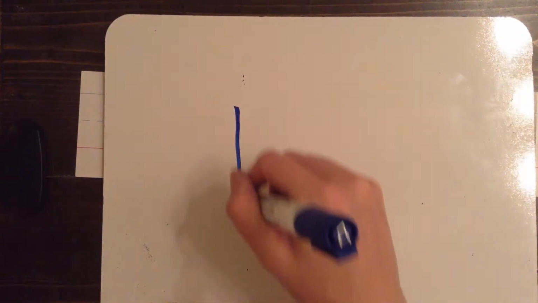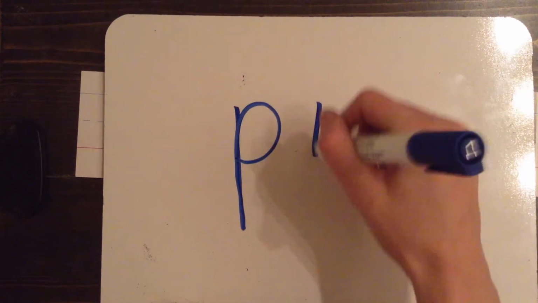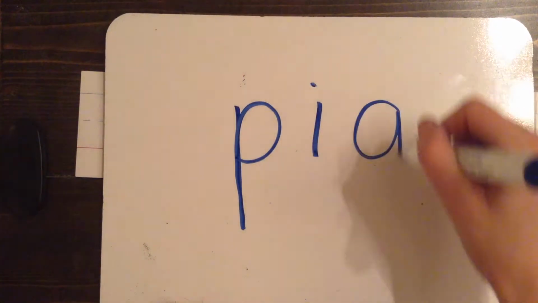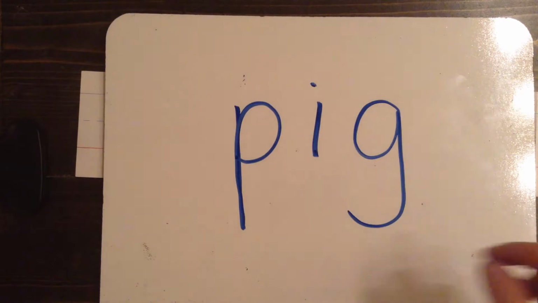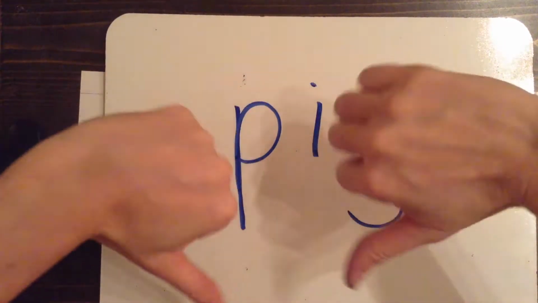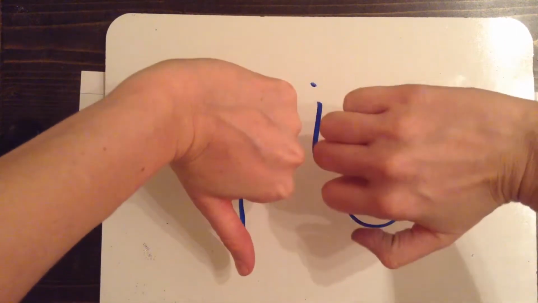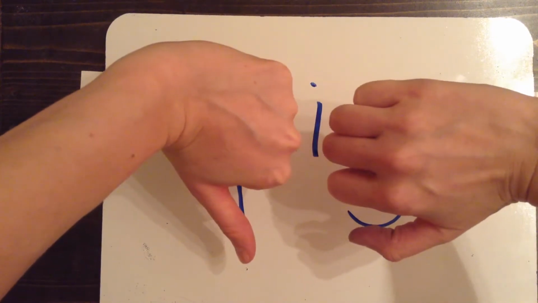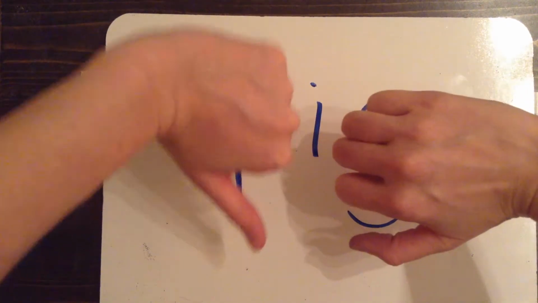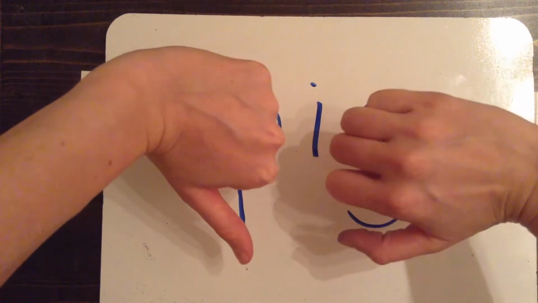If you write a P, and then an I, and then a G, that's how you spell the word pig. So if you flip your hands upside down and curl one thumb, now you've spelled the word pig. P-ig.